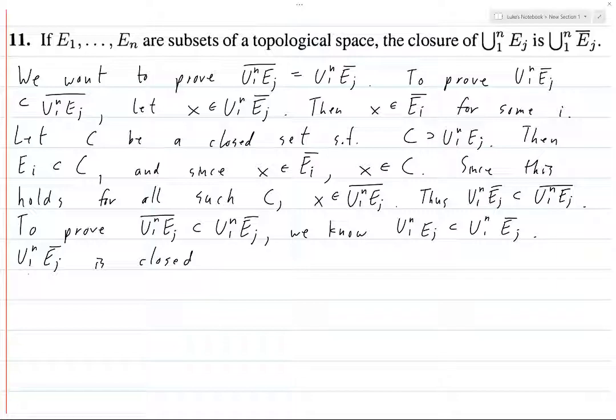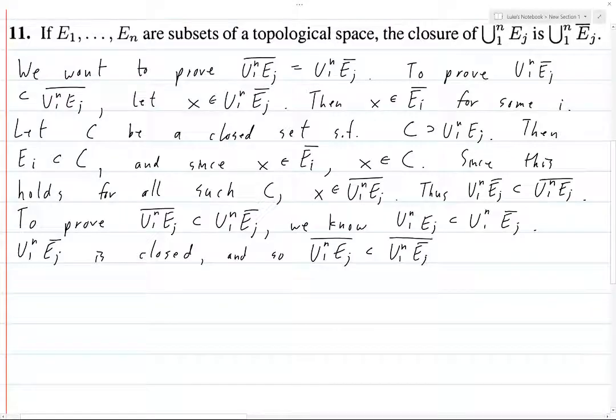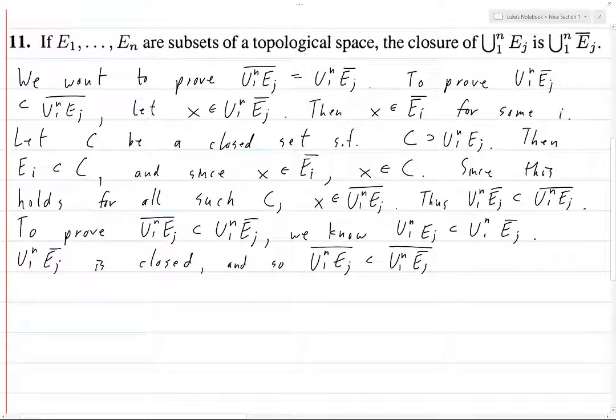Alright, so this set is closed, and so if we take this inclusion that we have from before and just take the closure of both sides, then we get that the closure of the union from 1 to n of E_j is contained in the closure of the union from 1 to n of the closures. Okay, but here we're taking the closure of a closed set, and so we just end up with the set that we started with, which is just the union from 1 to n of E_j closure.